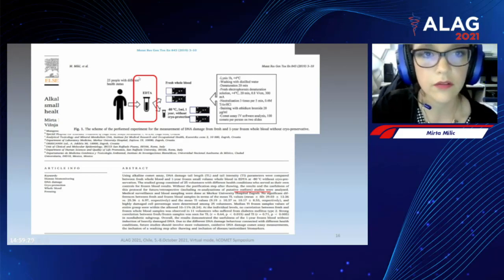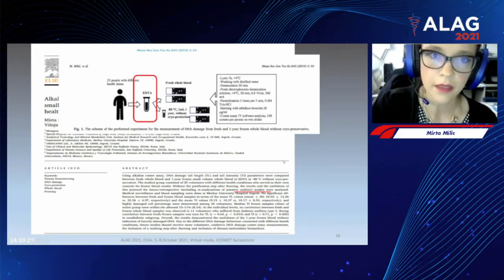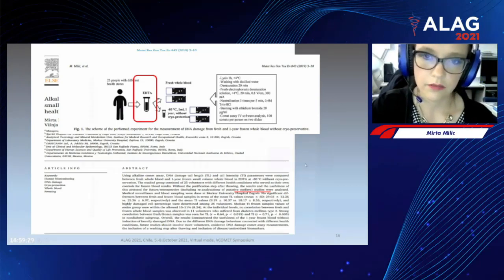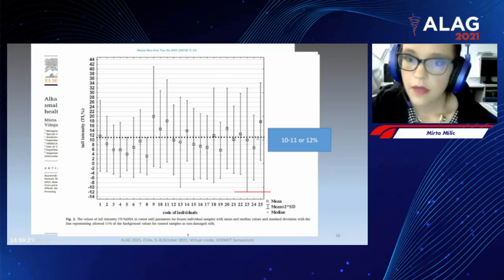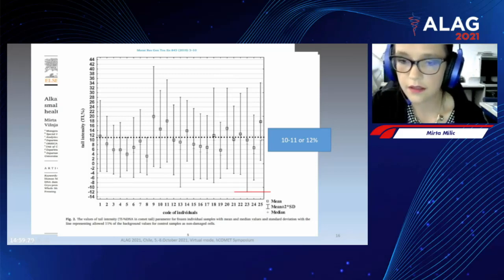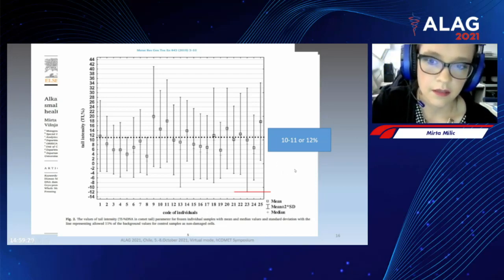That is most important, not to use other anticoagulants, because they give higher DNA damage values. We demonstrated that even after 1 month of freezing at -80, the percentage of DNA damage is at background levels of the control.